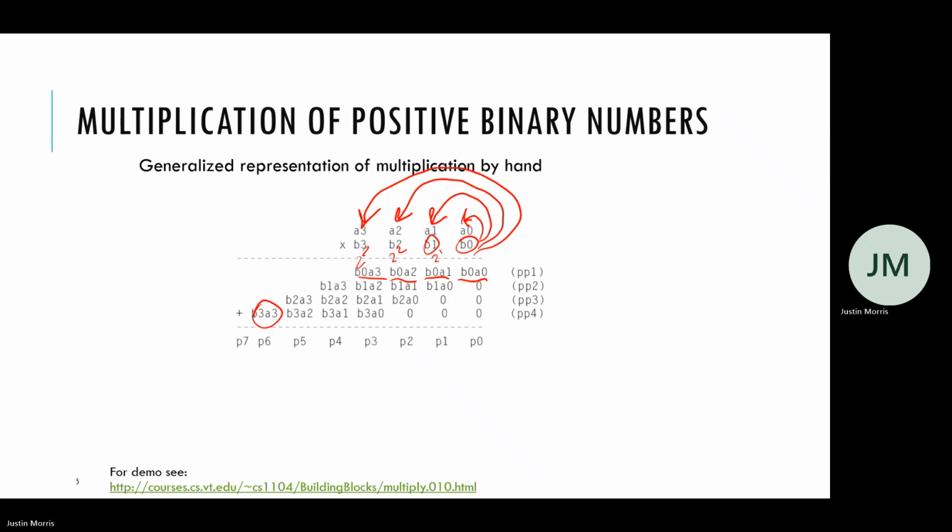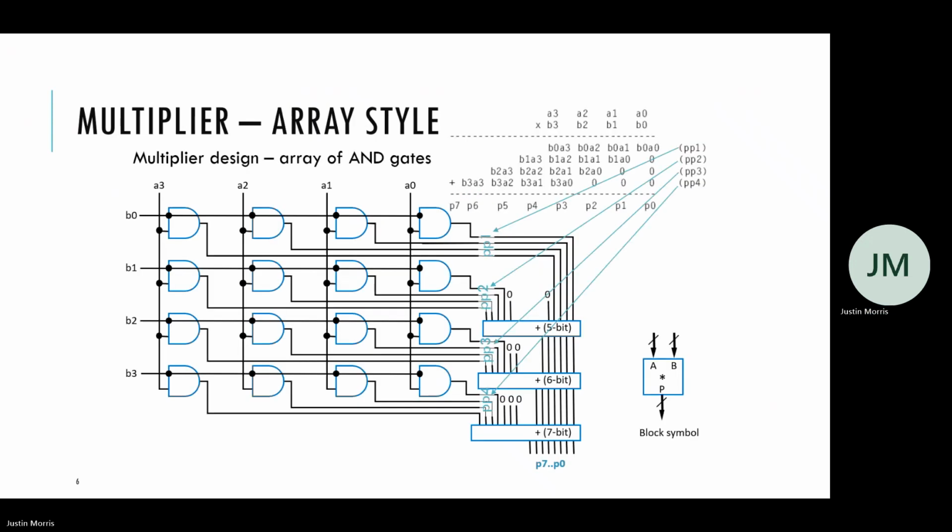So in terms of how this looks in hardware, it's a bunch of AND gates, and then you have circuits that are going to add the results together. So here we have A along the top, and then B is our multiplier.